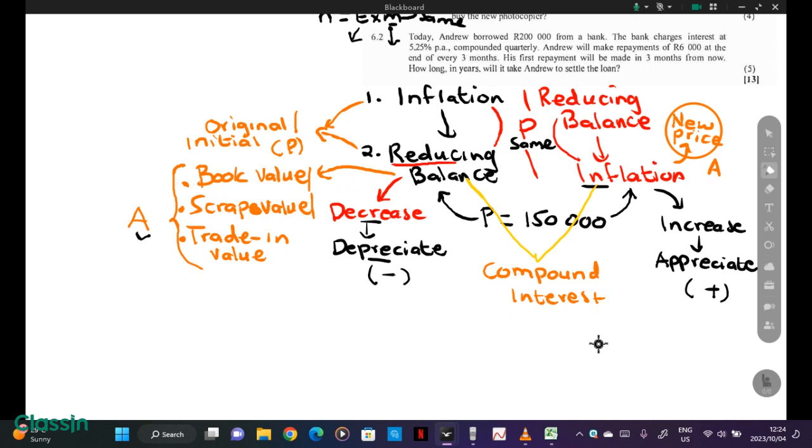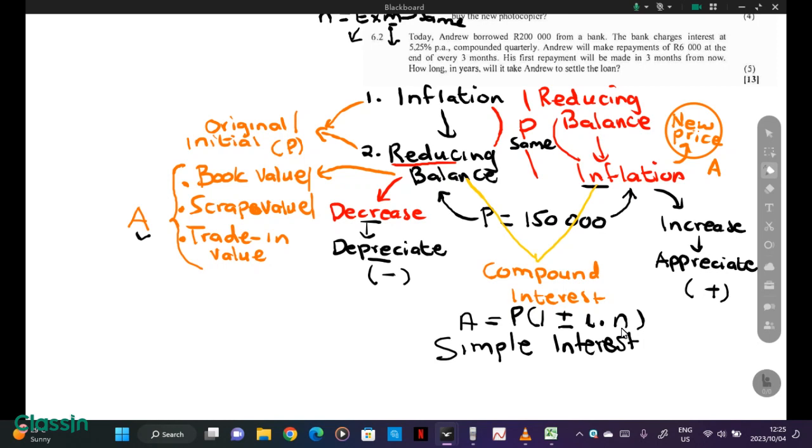We have the formula that says A equals P into 1 plus or minus I multiplied by N, close bracket.